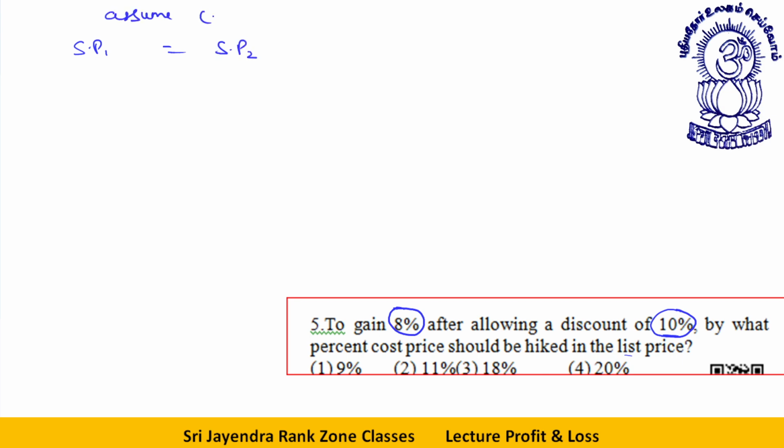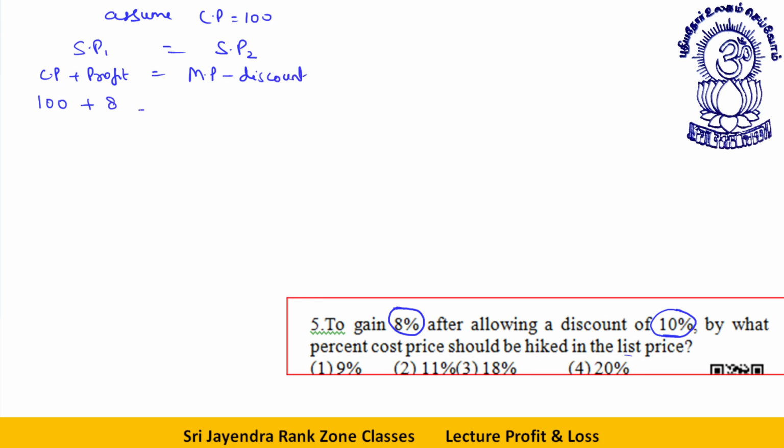Assume CP is equal to 100. How is this calculated? CP plus profit is equal to marked price minus discount.